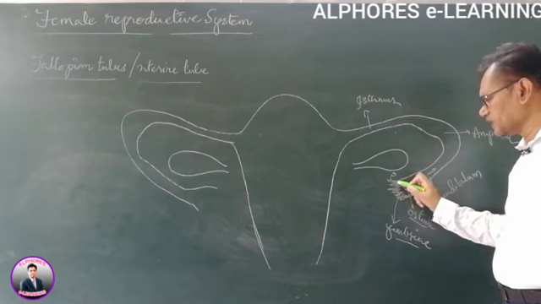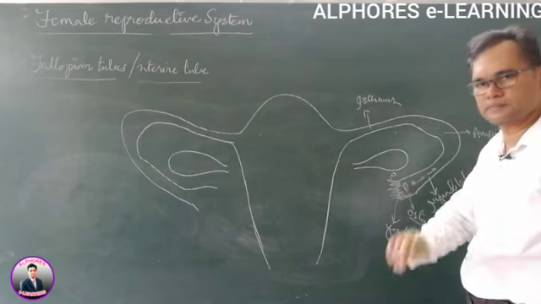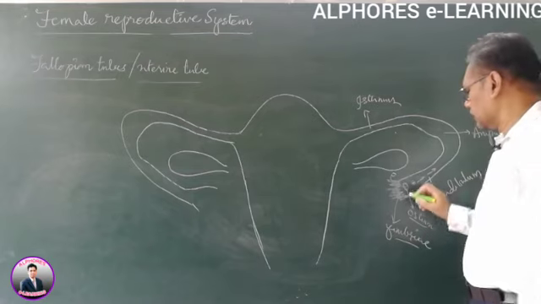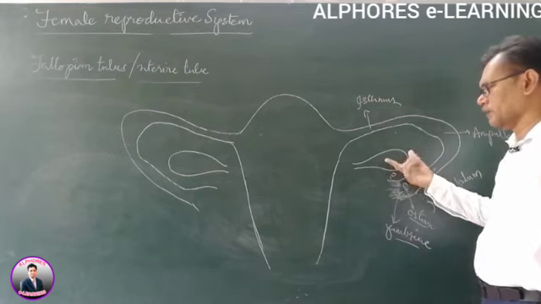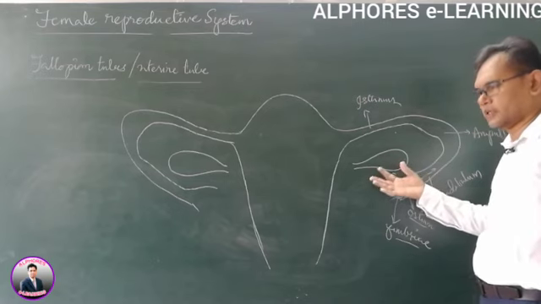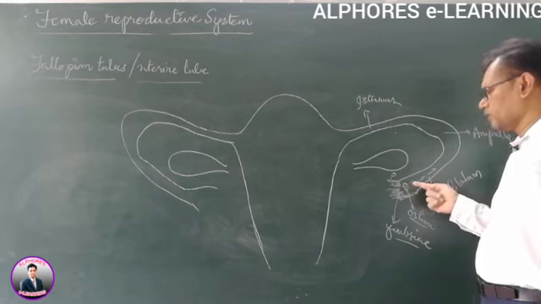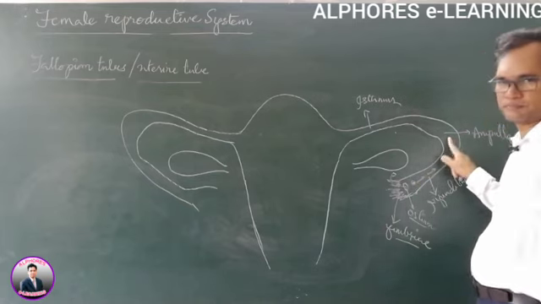Infundibulum, on its anterior side, is having finger-like structures, which are called as fimbriae. Now, these fimbriae are useful for the collection of the ovum. When the ovum is released, they show movement and collect the ovum, and through peristaltic movement it reaches into ampulla.